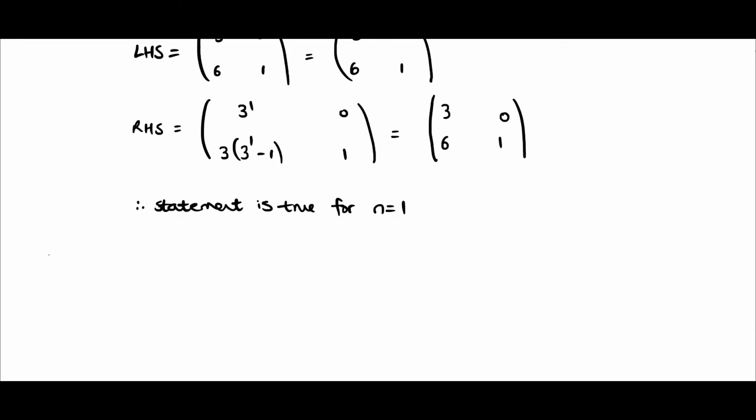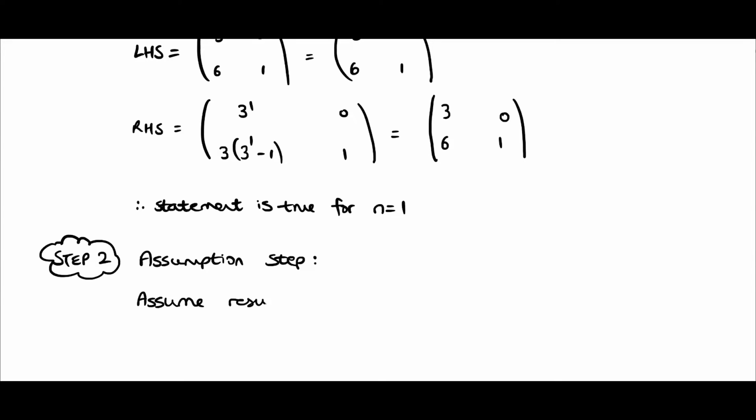And then our next step would be our assumption step. Okay. And for our assumption step, we need to assume that the result is true for n equals k.